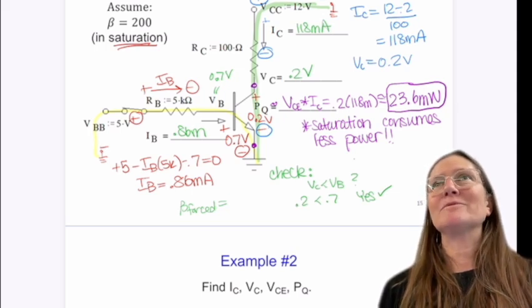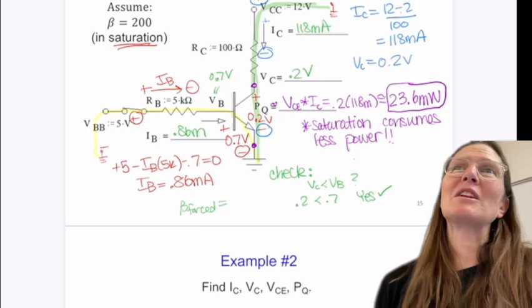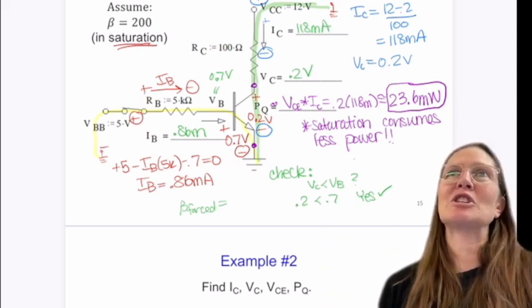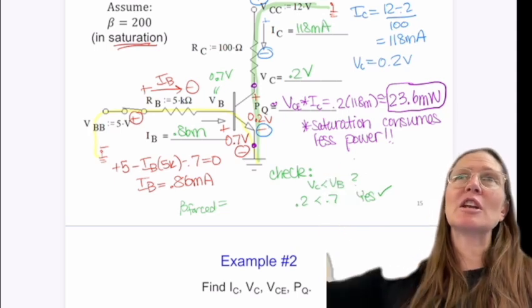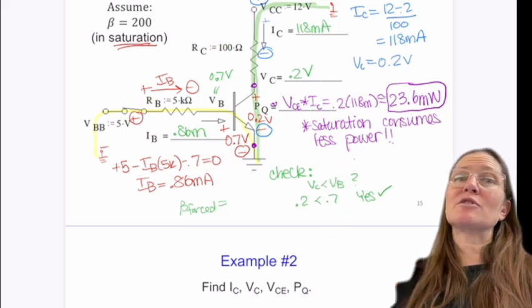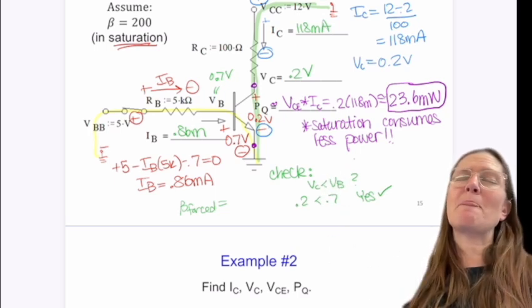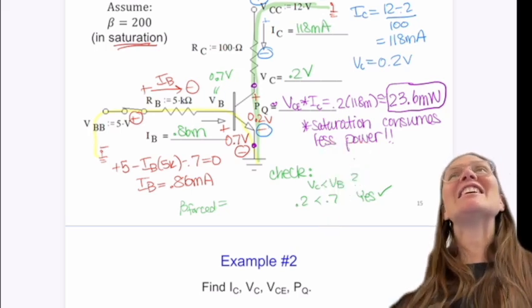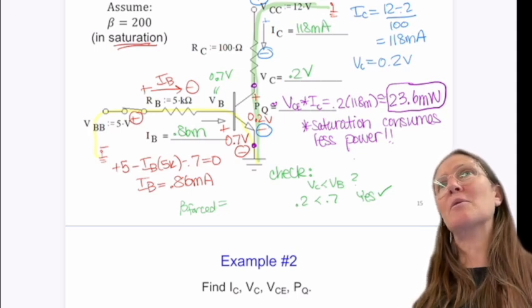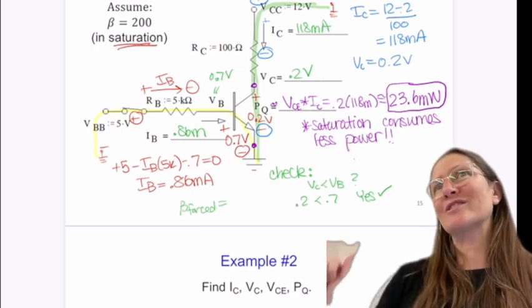Yeah, you would have more power if it's 0.7, but not as much as if it's in the active region. In the active region, it won't depend on the characteristics of the transistor. It's going to be related to the external circuitry, which usually has higher voltages and currents going through it.